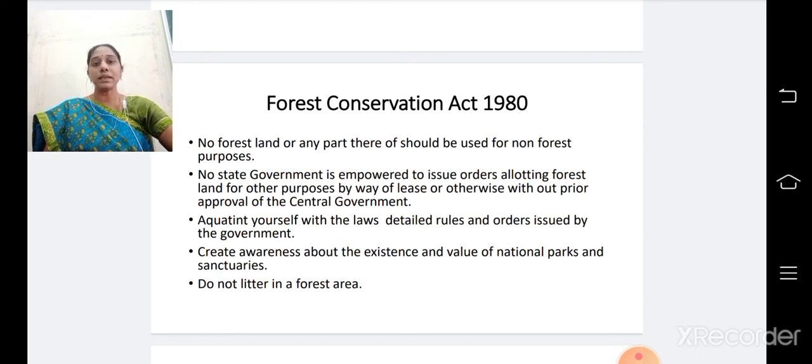Do not litter in forest areas. They must be protected. We can practice greenery. We can encourage afforestation even in educational institutions. Plantation programs are encouraged. Protection of the forest is very important for our good environment.